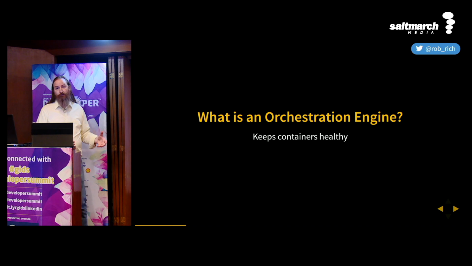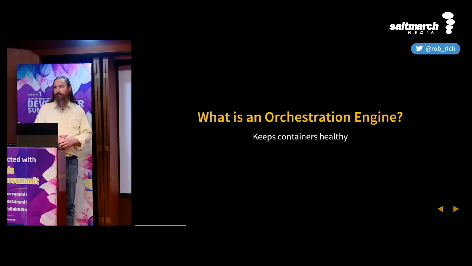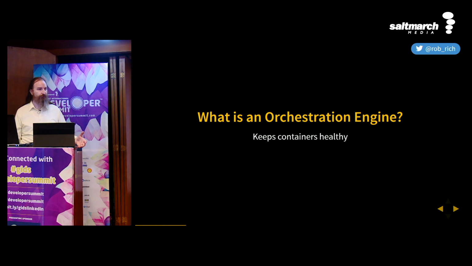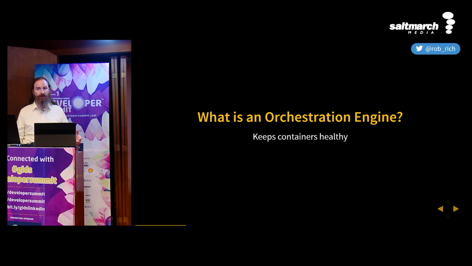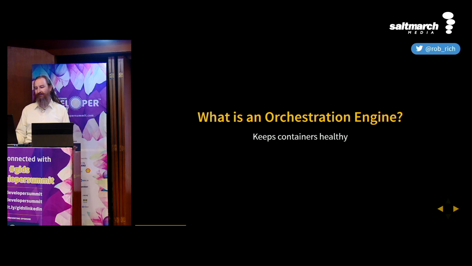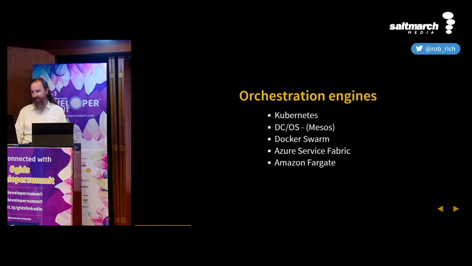It's going to watch those containers and make sure that the containers continue to run. If, for example, one of the machines that my container is running on goes down, it'll automatically restart my container somewhere else. And when I wake up in the morning, it'll tell me all the things that it fixed. That's perfect. I don't need to worry about it.